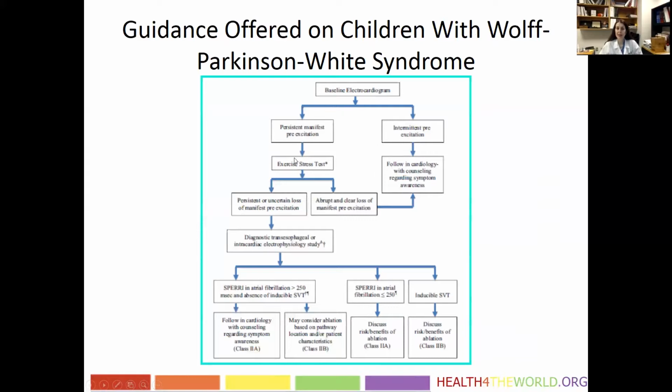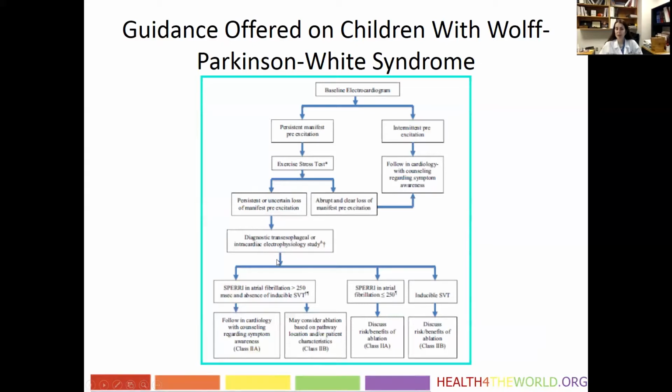But if the pre-excitation is persistent, then an exercise stress test would be advised. If during the stress test the pre-excitation disappears, then that is a low-risk situation and the kid can just be watched. If the pre-excitation remains, then we refer the child for an electrophysiology study.